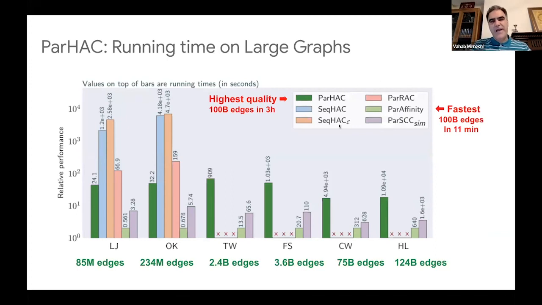We observe that par-hack achieves the highest quality. It achieves higher quality than affinity. Affinity remains the fastest algorithm, but par-hack improves on many different distributed and parallel implementations that are out there and reported in other papers.